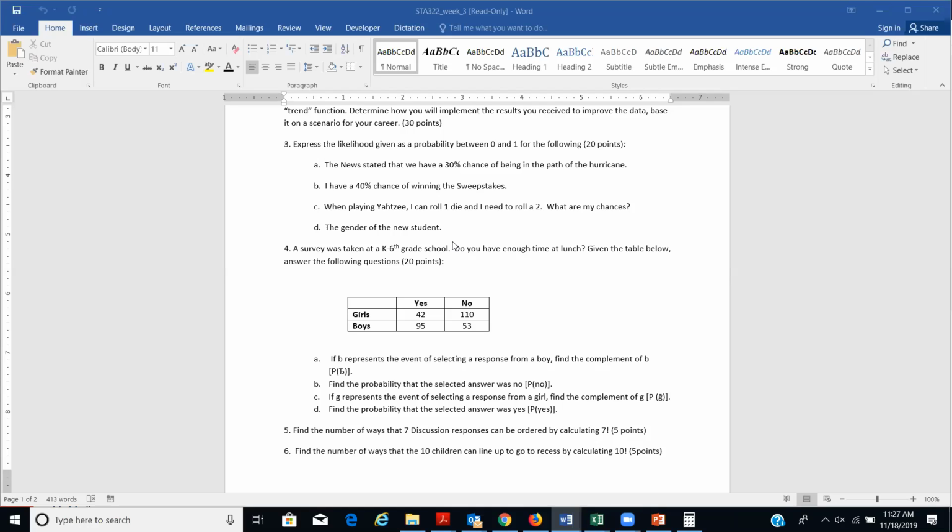Remember, the complement of a probability is the difference between that probability and 100%. So if the probability of a boy is 0.4933, 1 minus 0.4933 is the probability of it not being a boy, which is another way of saying the probability of being a girl.